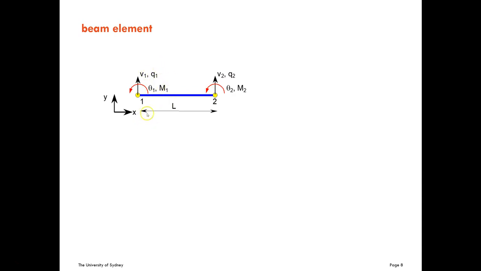The element has a length L, a cross-section A, and a moment of inertia I. So here is the local coordinate system of the element.